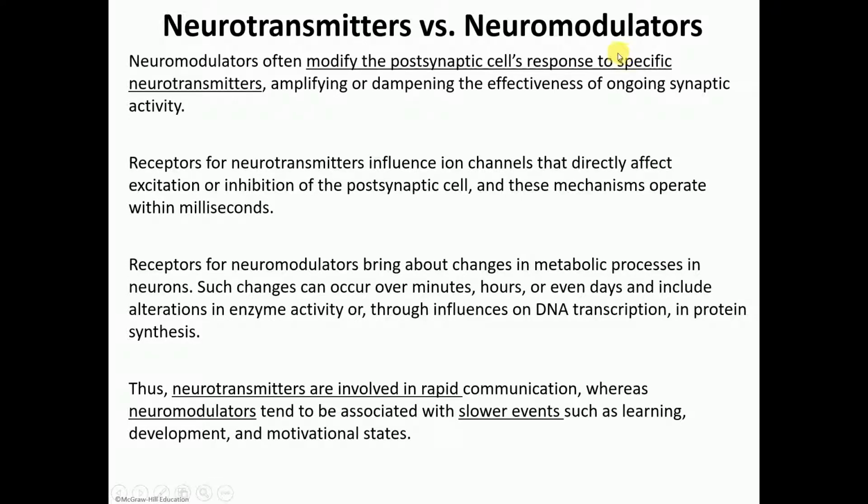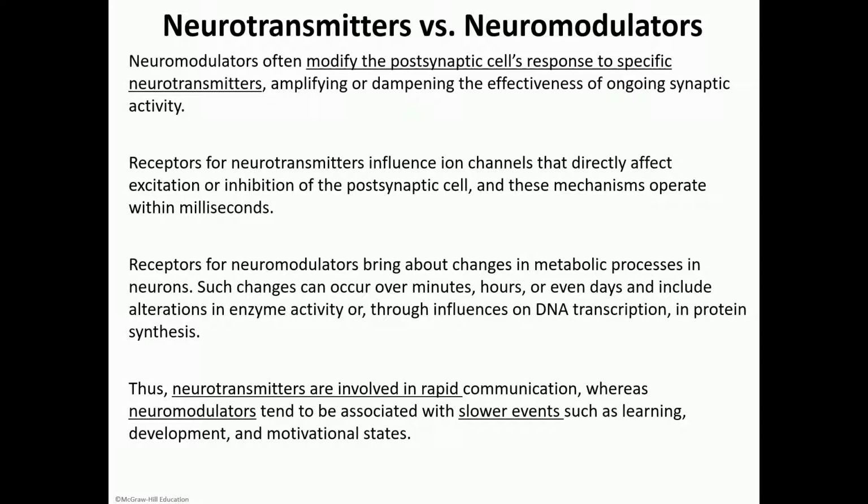The neurotransmitter usually affects the cells through ion channels, okay, and if we open up sodium channels, we are exciting the nerve. If we open up other channels like chloride or potassium, we would be inhibiting the nerve. And the effect is very rapid, happening within milliseconds.